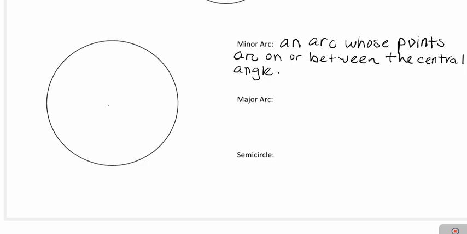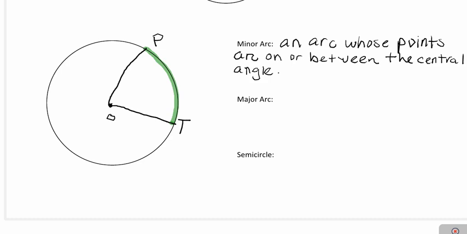So if we look at the diagram, I'm going to draw a central angle here. So again, I'm going to call this point O. And then I'm going to call this point P, point T. So my minor arc would be this green arc that I have highlighted in here.